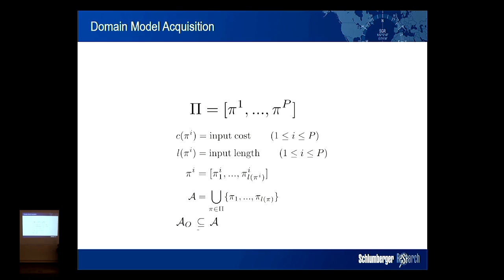The important thing is that some of those ground actions are shared between plans, so we might have ground actions that are drawn from the same state spaces. So this allows us to then construct constraints that link between different plans in our input sets. And A_O are the ground actions of a particular operator type.